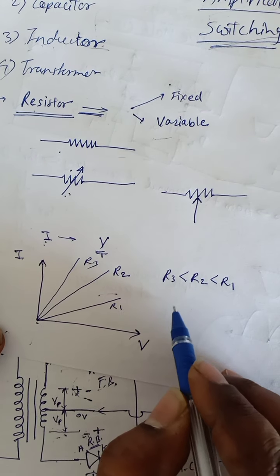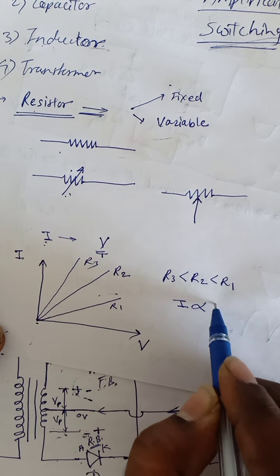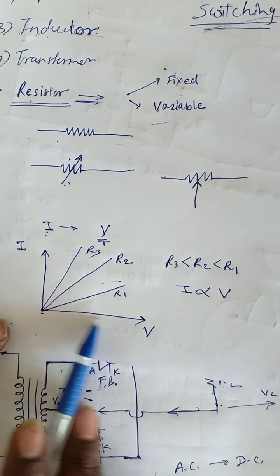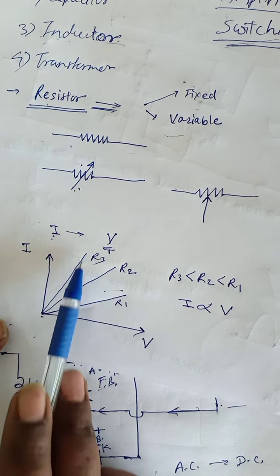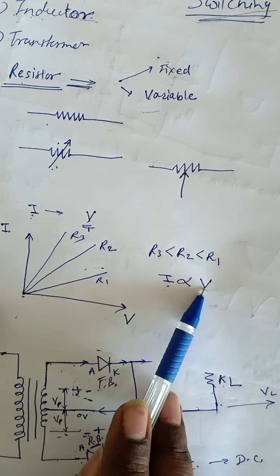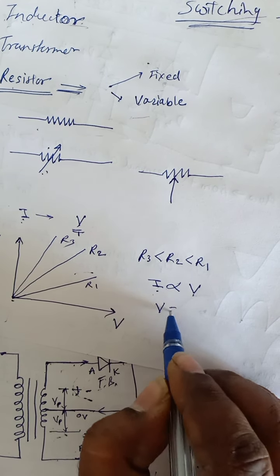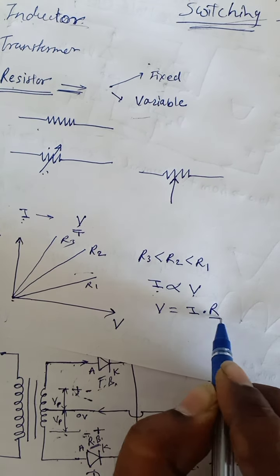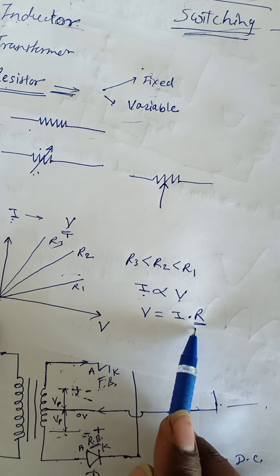See here, I is directly proportional to voltage. Why? Because if we increase the voltage, the current also increases for different values of resistor. So that means we can say that current is proportional to the voltage, and it is given by V equal to I into R. So this R is nothing but a proportionality constant.